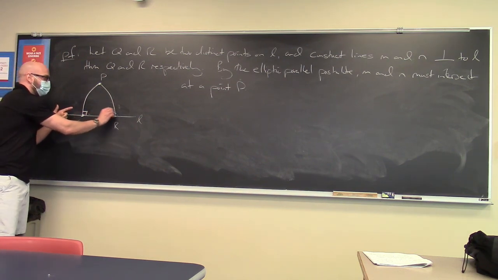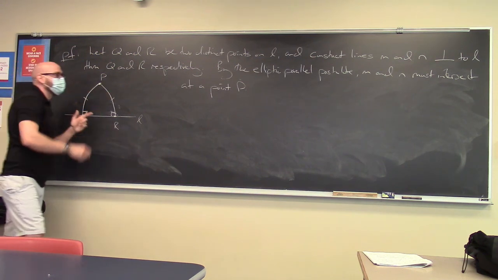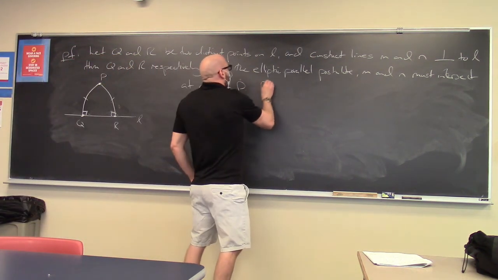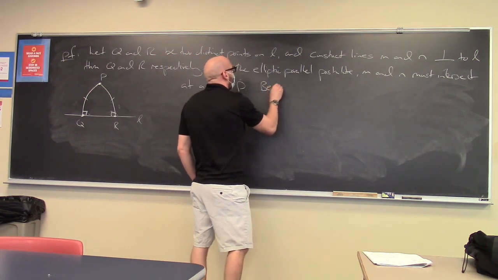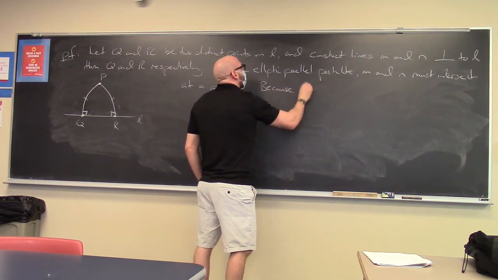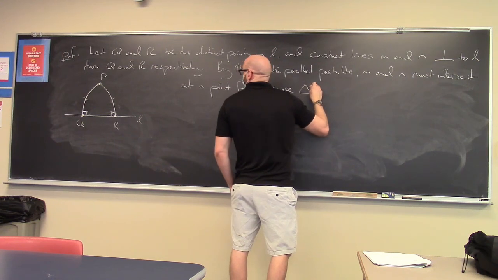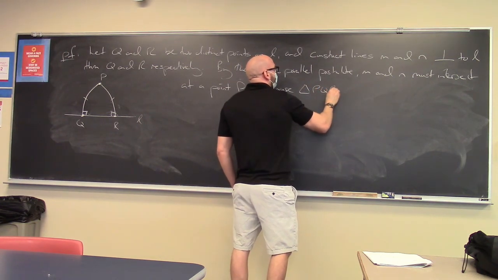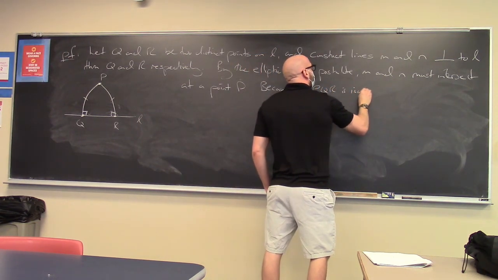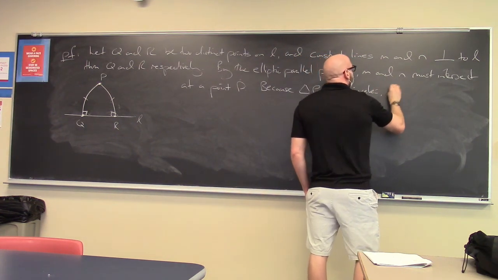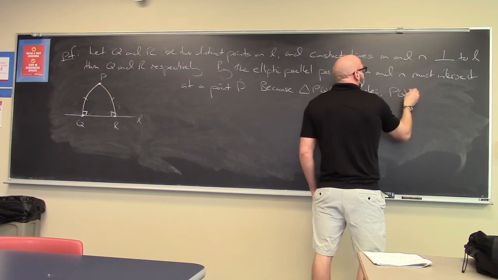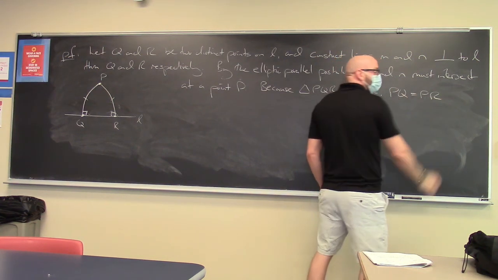Because this is an isosceles triangle, these two sides have the same length. Again, we haven't proven that this is true in elliptic, but trust me, it is. So because triangle PQR is isosceles, PQ is the same length as PR.